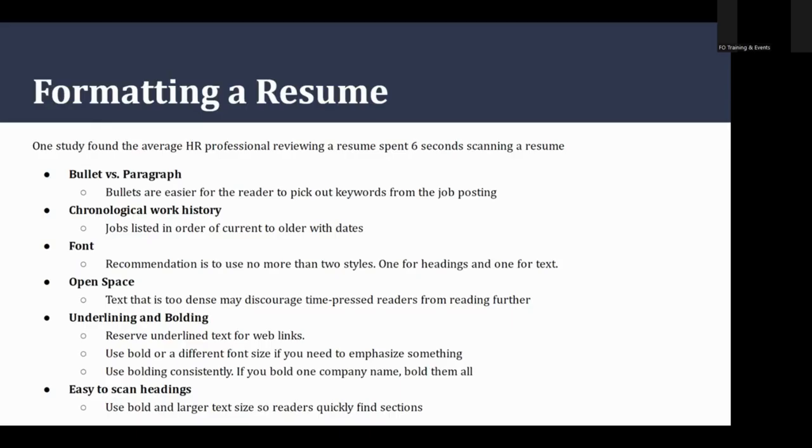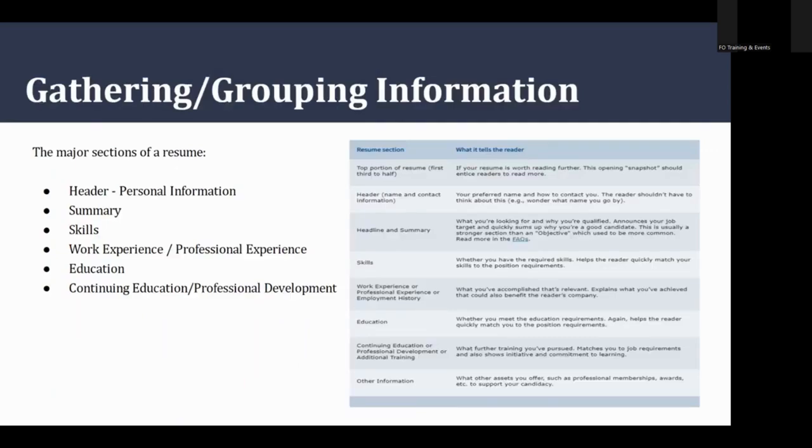So now that we know how to format it, what's included in a resume? Gathering and grouping information. Some of these are the major sections of a resume. You'll see that there's some further detail on the side, but typically you have a header, which includes your personal information.